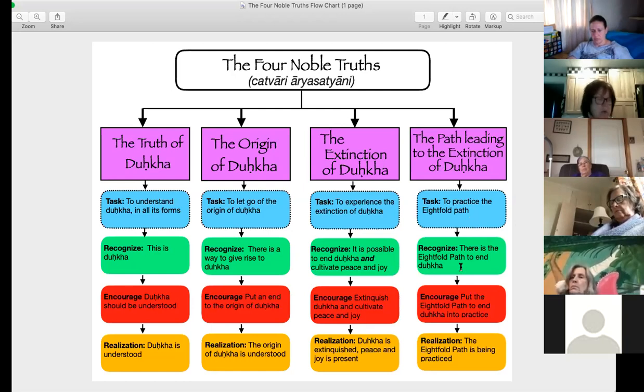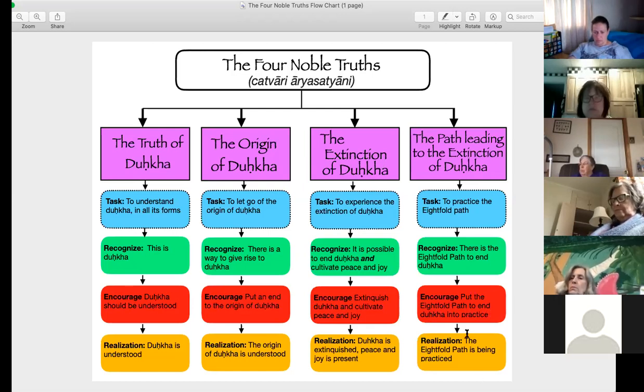So we have to recognize that there is the Eightfold Path that helps us to end dukkha. And then we need to encourage ourselves to put the Eightfold Path to practice so that we can end dukkha.